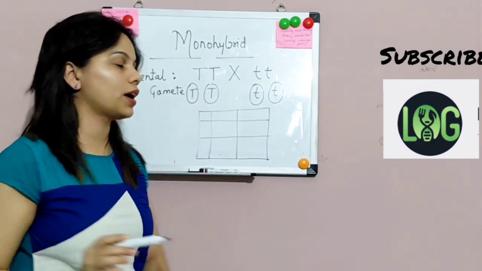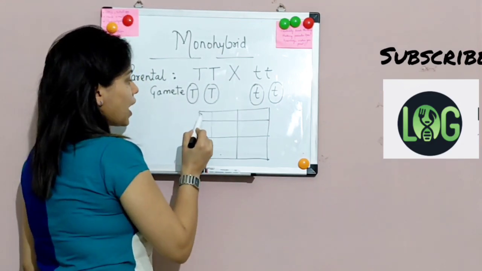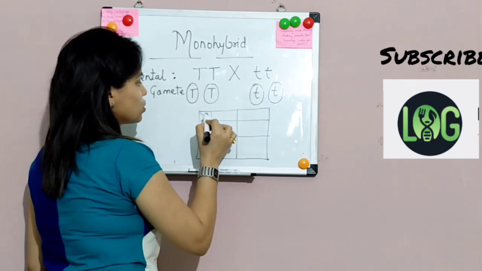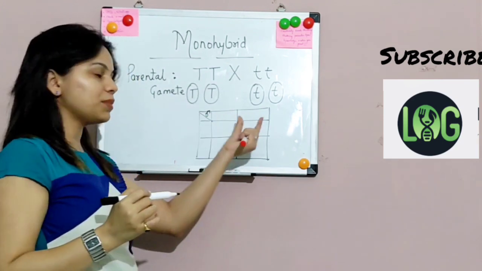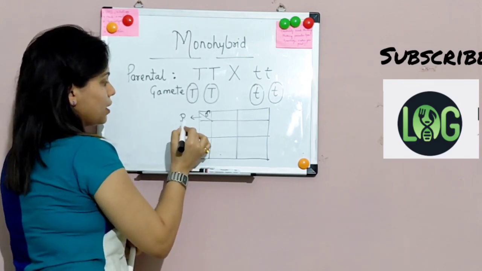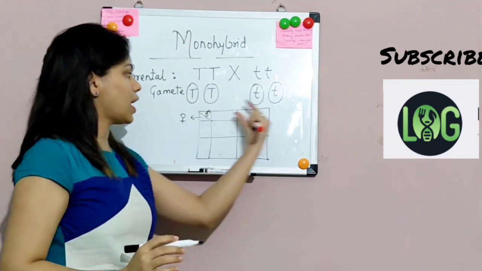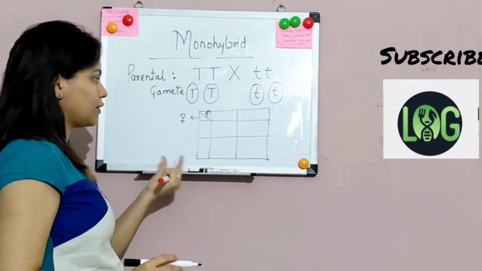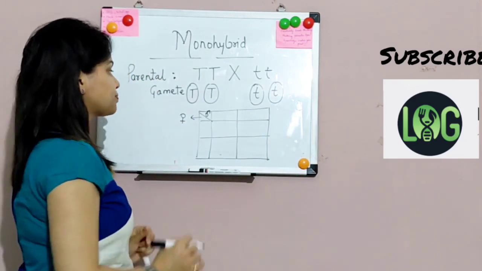Always focus on monohybrid. Here we consider that this portion is going to have the male gametes and this portion is going to have the female gametes.